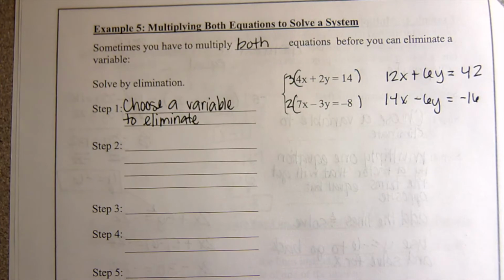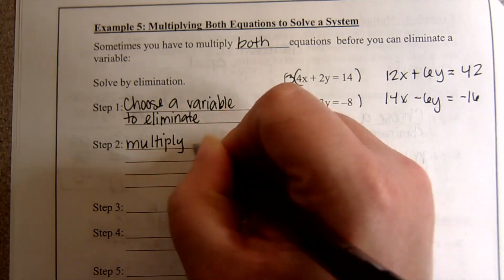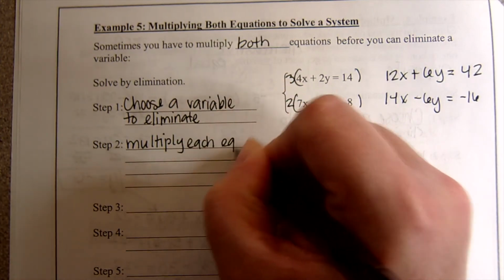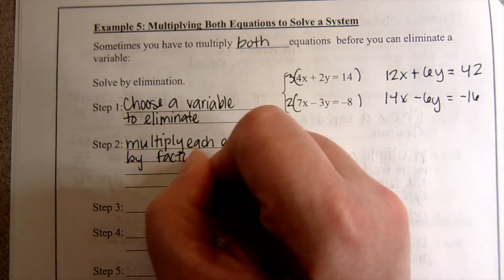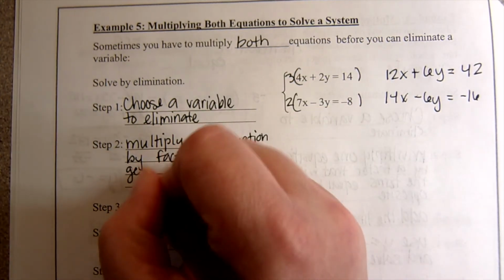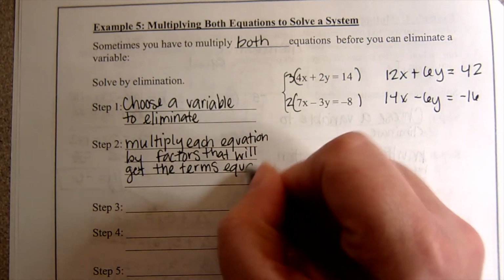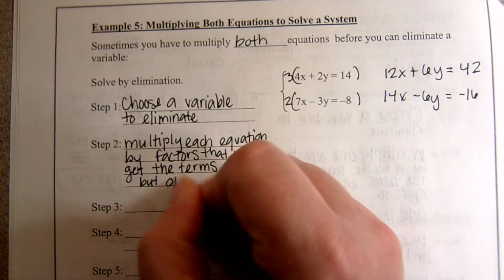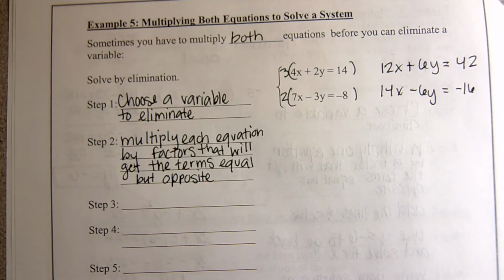So that was step 2. We multiply each equation by factors that will get the terms equal but opposite.